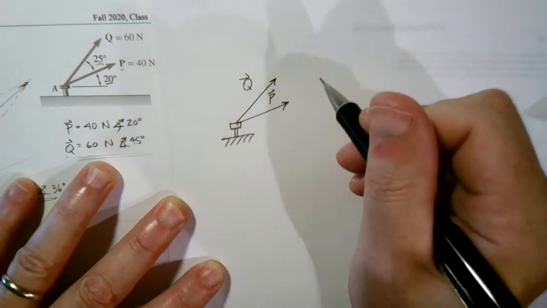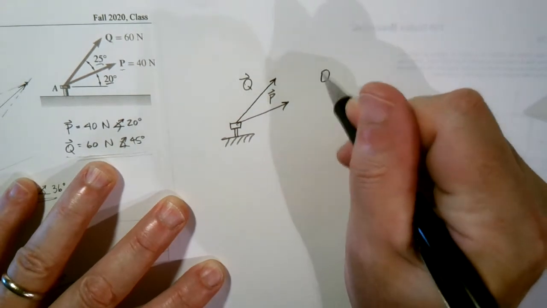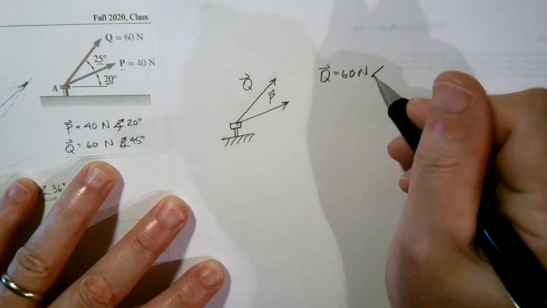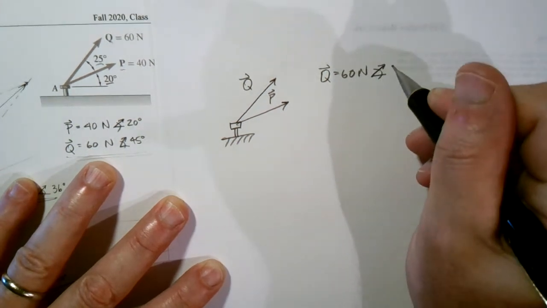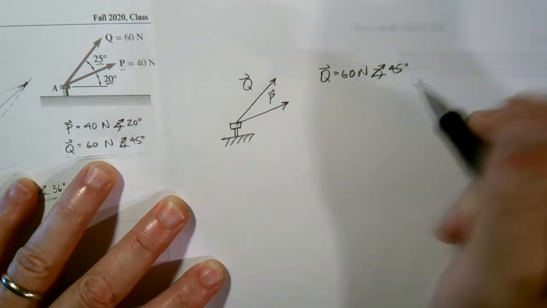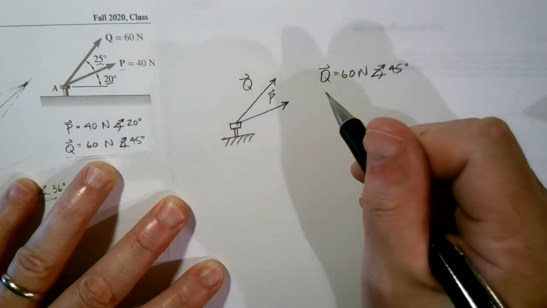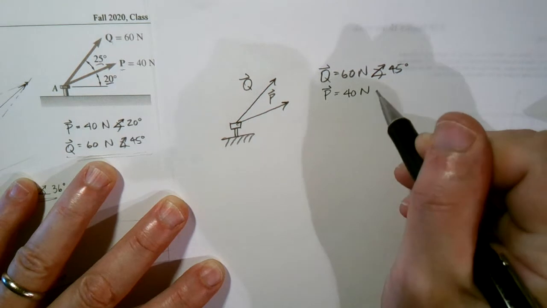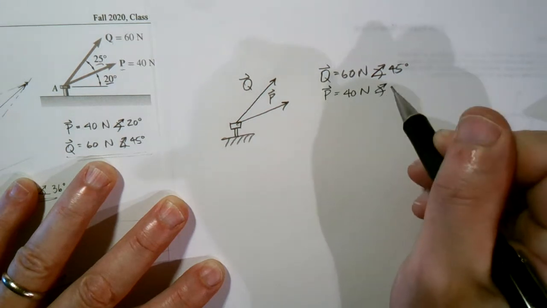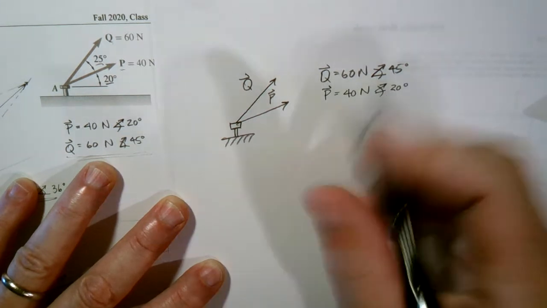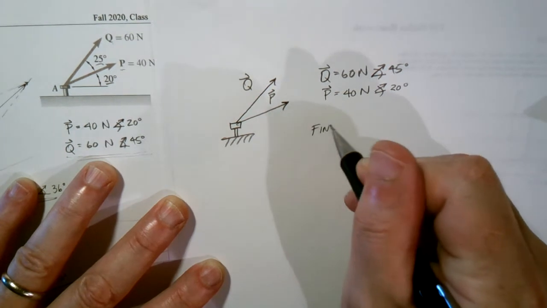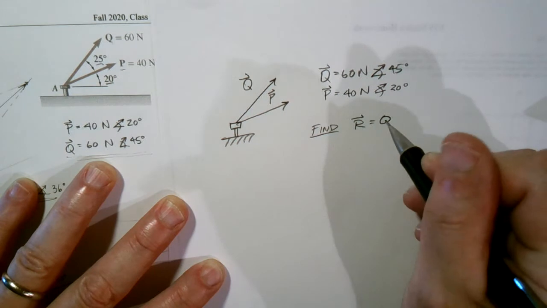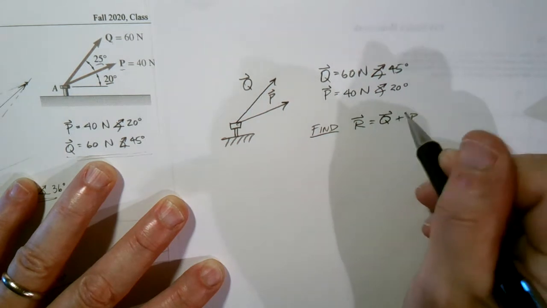I say that Q is equal to 60 newtons at 45 degrees, and P is equal to 40 newtons at 20 degrees, and I want to find R, which is going to be equal to Q plus P.